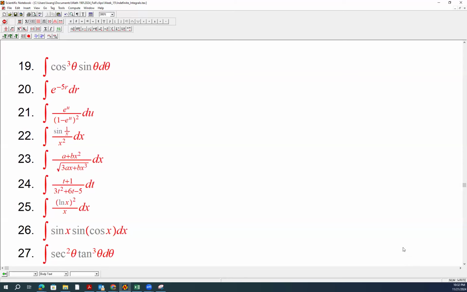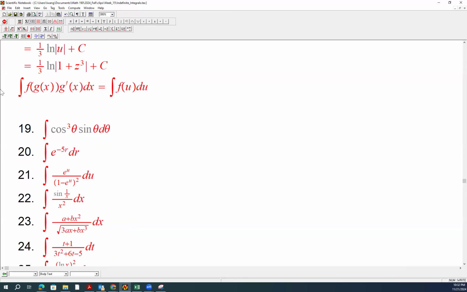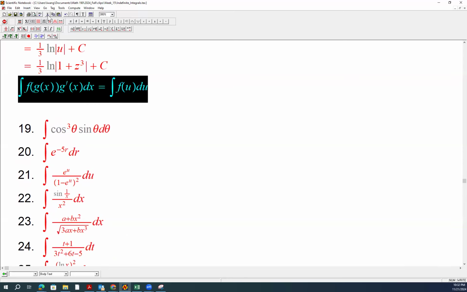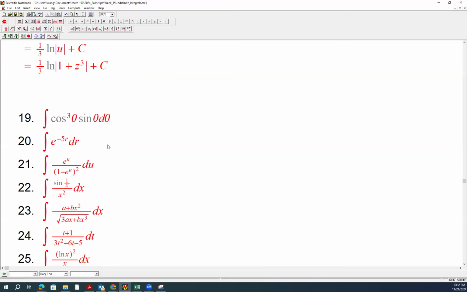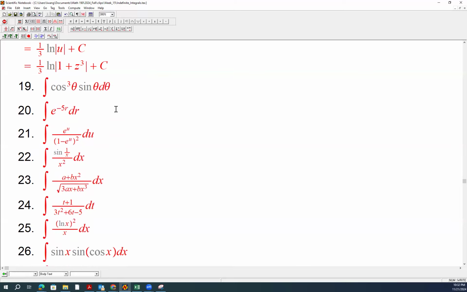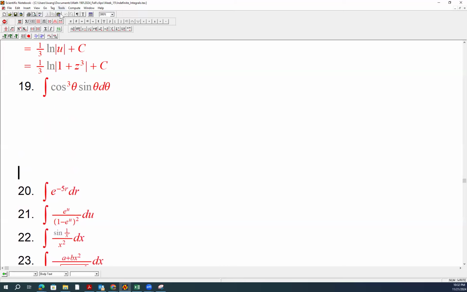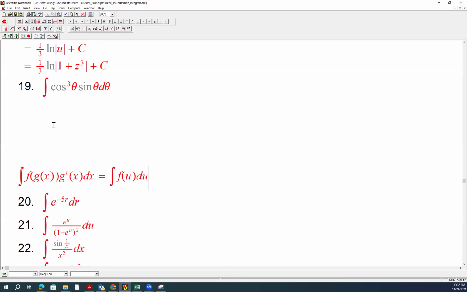We will have some harder questions. Okay, we will have some harder questions. But before we get to those harder questions, we want you to be able to do these questions more fluently. So here I'm going to introduce u equals cosine theta.